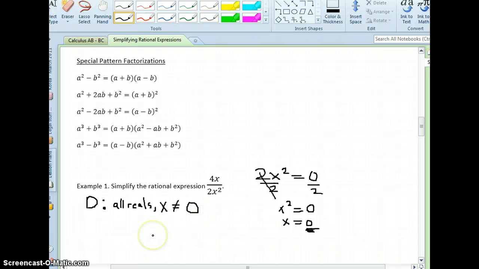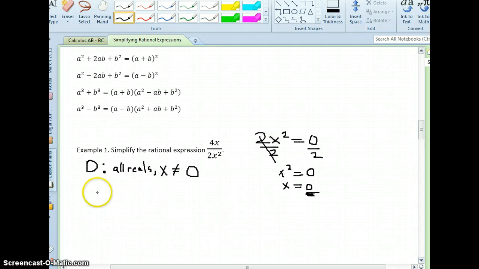Now, let's go ahead and simplify this. So write out the original problem. And I usually do this just to give myself a little more space to work with. Okay, I'm going to completely factor the numerator into its prime factors. So that means 4 is 2 times 2, and then x to the first is still just times x.